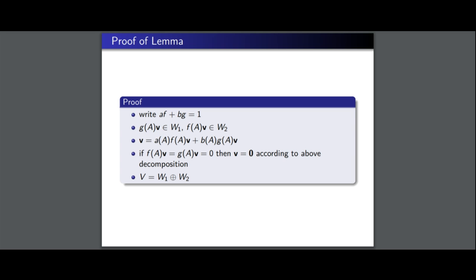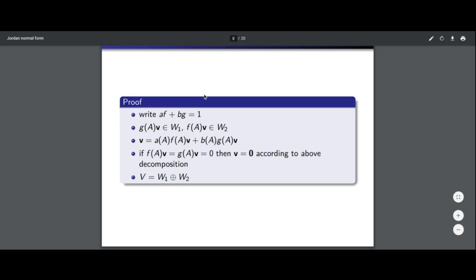In the simple case we did on the whiteboard, the polynomial a is really a half, and the other polynomial b was negative a half, but it could possibly be something more complicated, but it's fine. Okay.